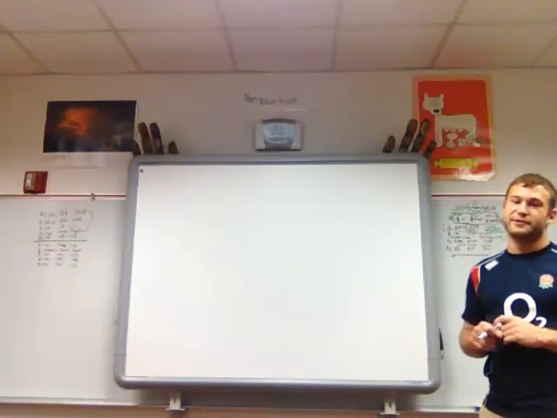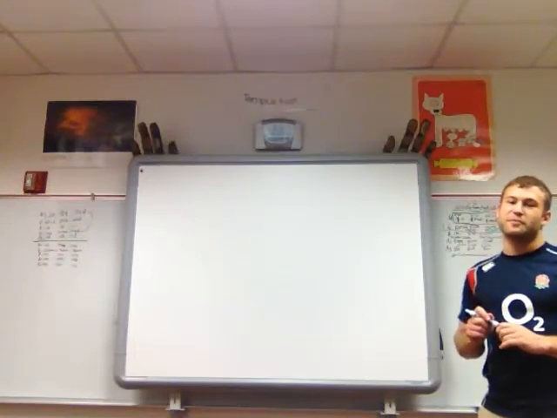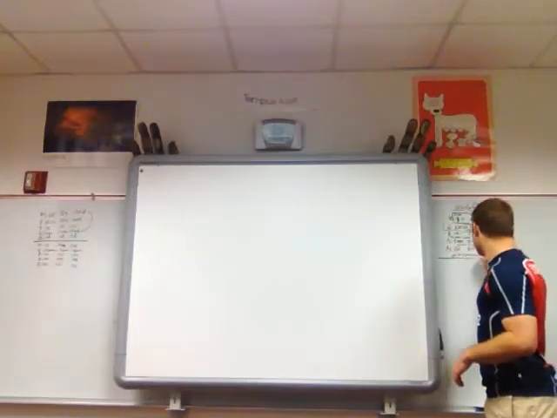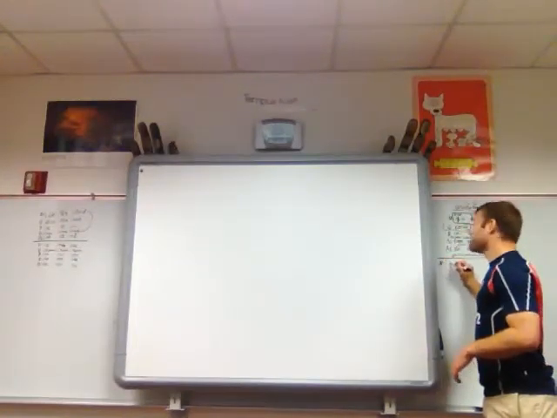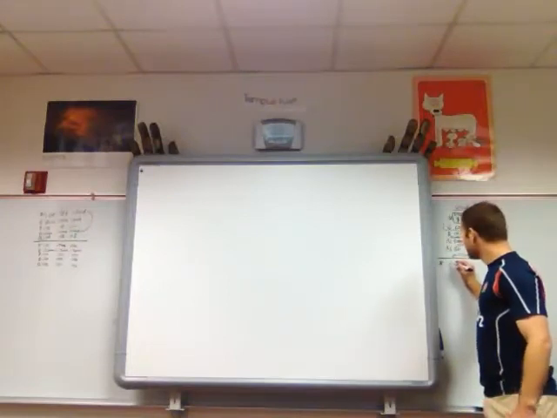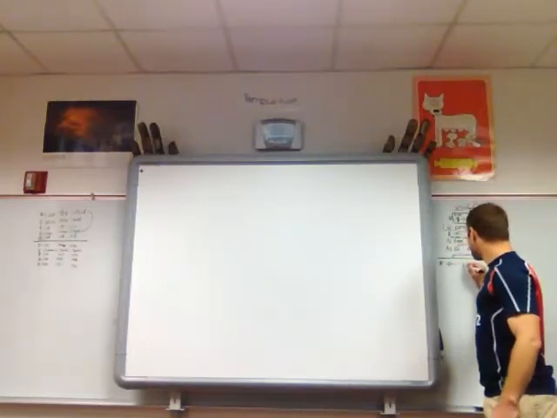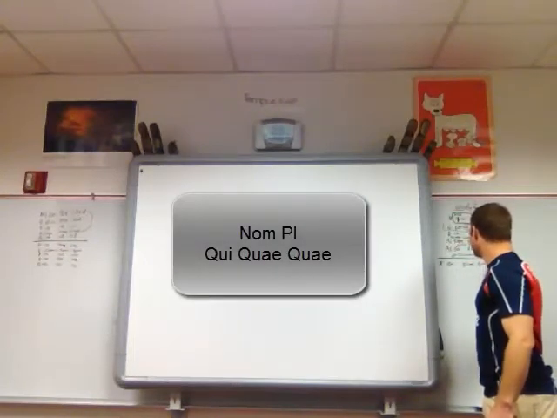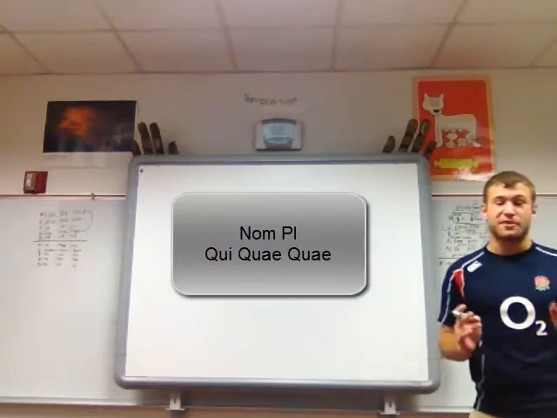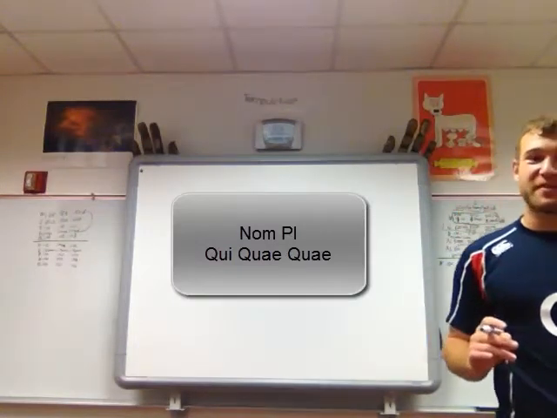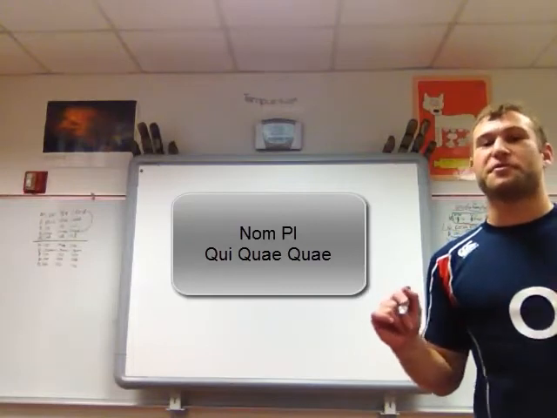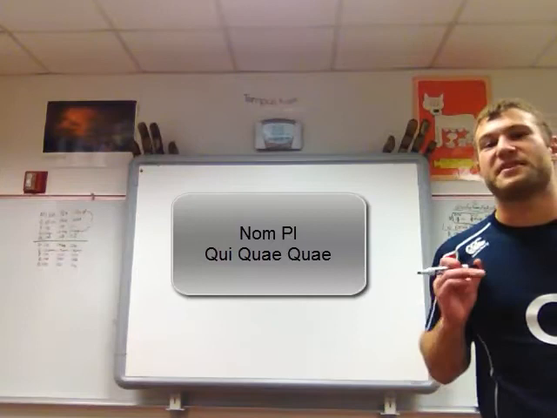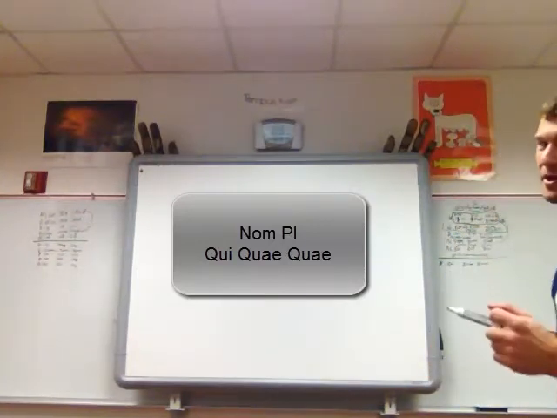Now before I write the plural nominative, I want to warn you that this is going to make you very sad because it violates one of the most sacred rules that we have in Latin. That rule being, the nominative plural goes qui, quae, quae. I know, you must remember every day the neuter plural ends in A, except for the neuter plural of the relative pronoun which ends in E. Again, you have my sincere apologies that it goes qui, quae, quae.